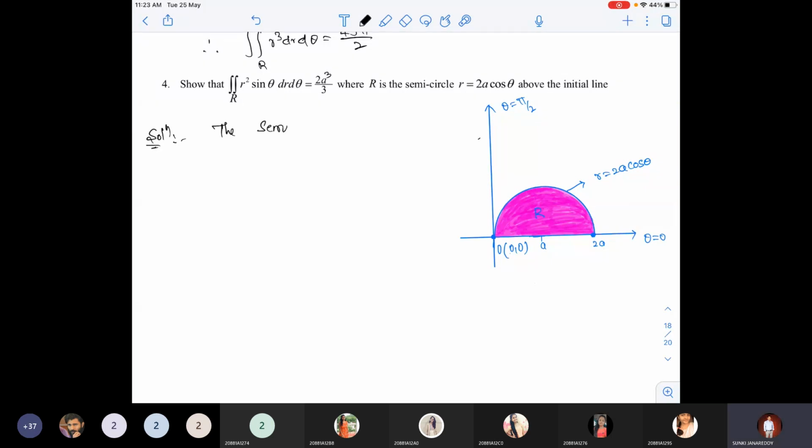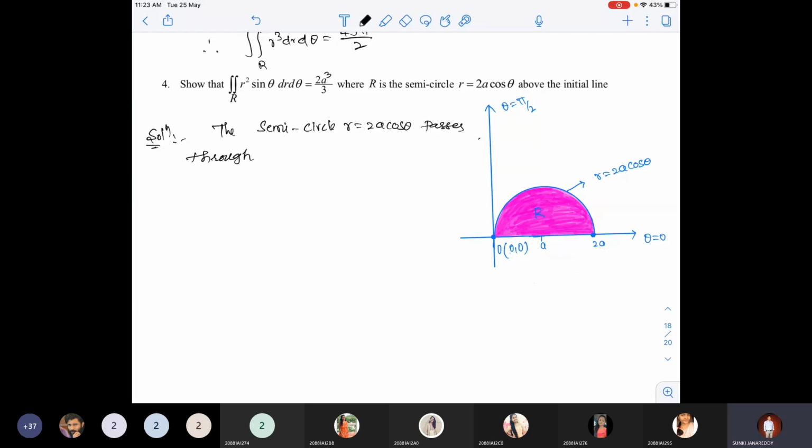The semicircle r is equal to 2a cos theta passes through the pole.